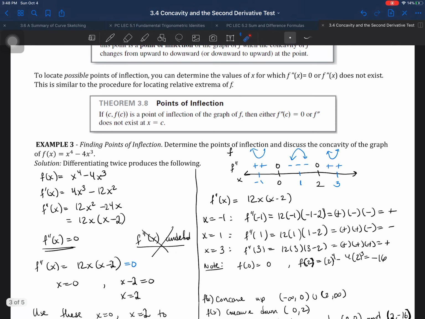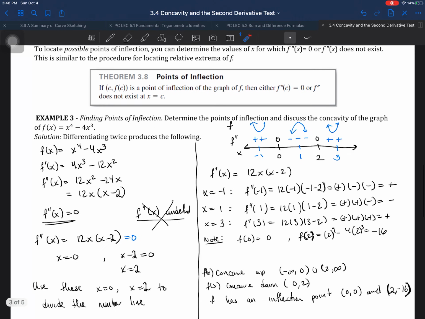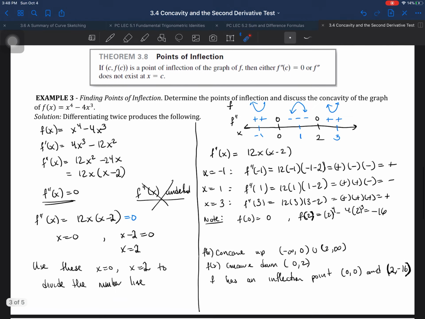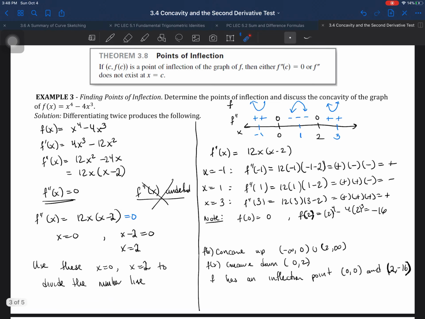If (c, f(c)) is a point of inflection of the graph of f, then either f double prime of c equals 0 or f double prime does not exist at c. Vice versa, this statement does not go backwards, right? If you have these two, that does not automatically mean that it's an inflection point. All right.